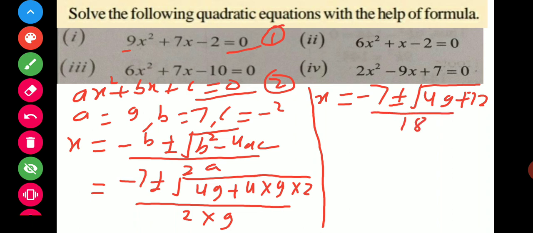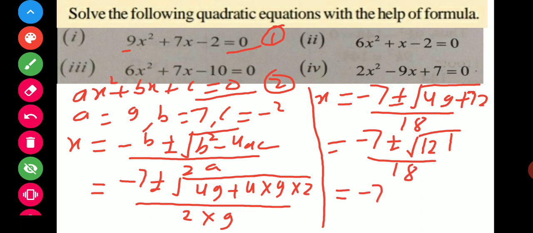And upon 18. It is minus 7 plus minus under root of, add the 72 and 49. That is 121, upon 18.